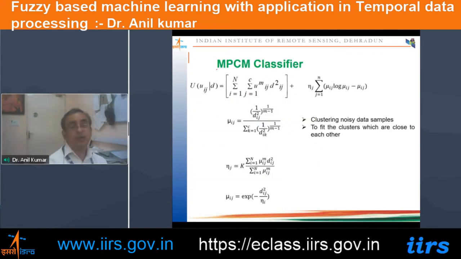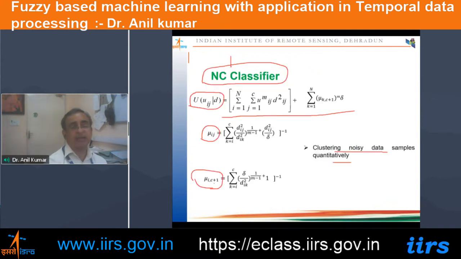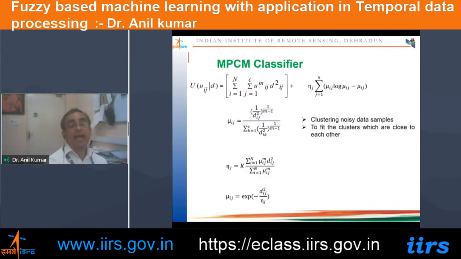Fourth one, modified. Yes, again NC classifier, you can use it for even extracting a single class. If you are extracting only one class, you will get an output, there is no issue. MPCM, a modified possibilistic C-mean, its objective function further has been modified, and it gives you membership value in 3 steps.